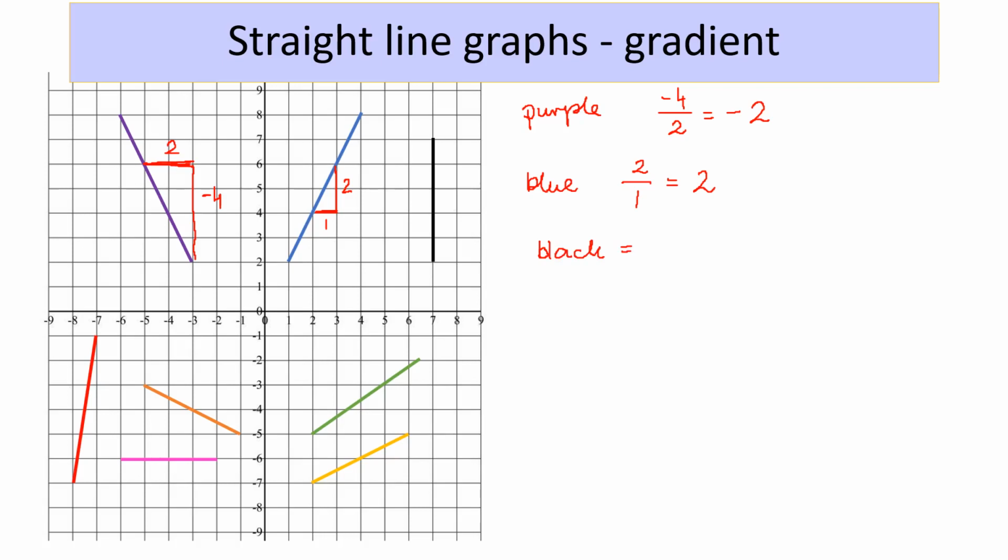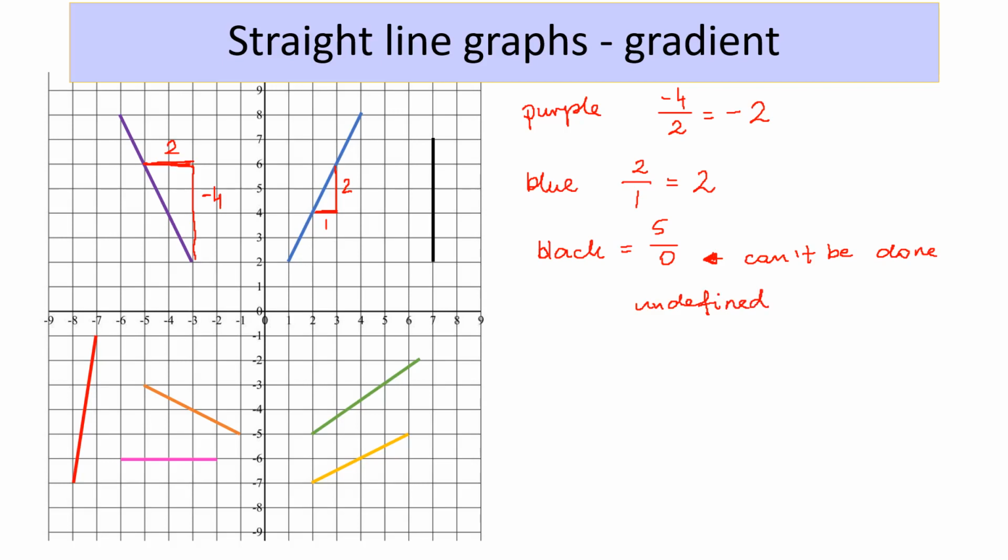The change in y is 5, but the change in x is 0. In maths we can't divide by 0. So the gradient of this vertical line is undefined. We can't find the gradient of this line.